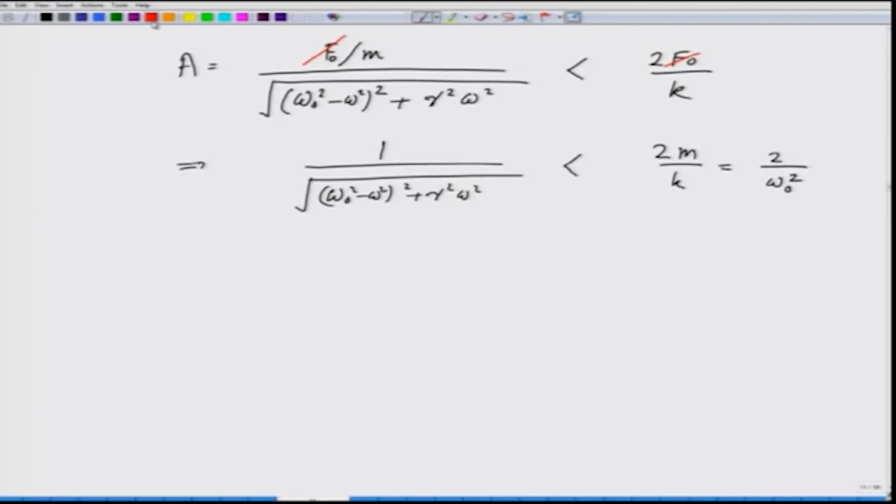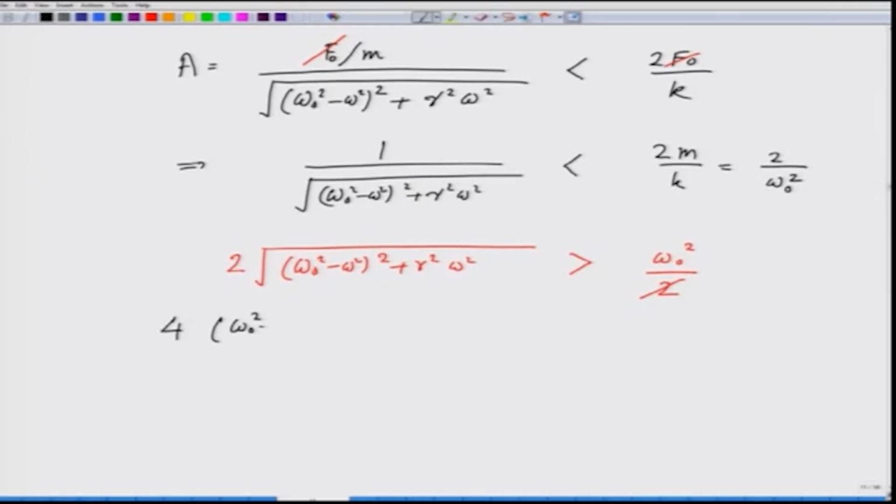Switch it around and you get the square root should be greater than omega 0 square divided by 2, or I take this 2 on this side and put it here, and therefore 4 times (omega 0 square minus omega square) whole square plus 4 gamma square omega square should be greater than omega 0 to the 4.